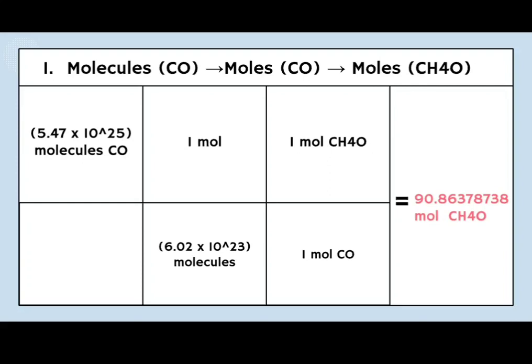We do these two, multiply that times 1, and you will get 90.86378 moles of methanol. This is our first answer that we will definitely use later on to find the excess reactant.